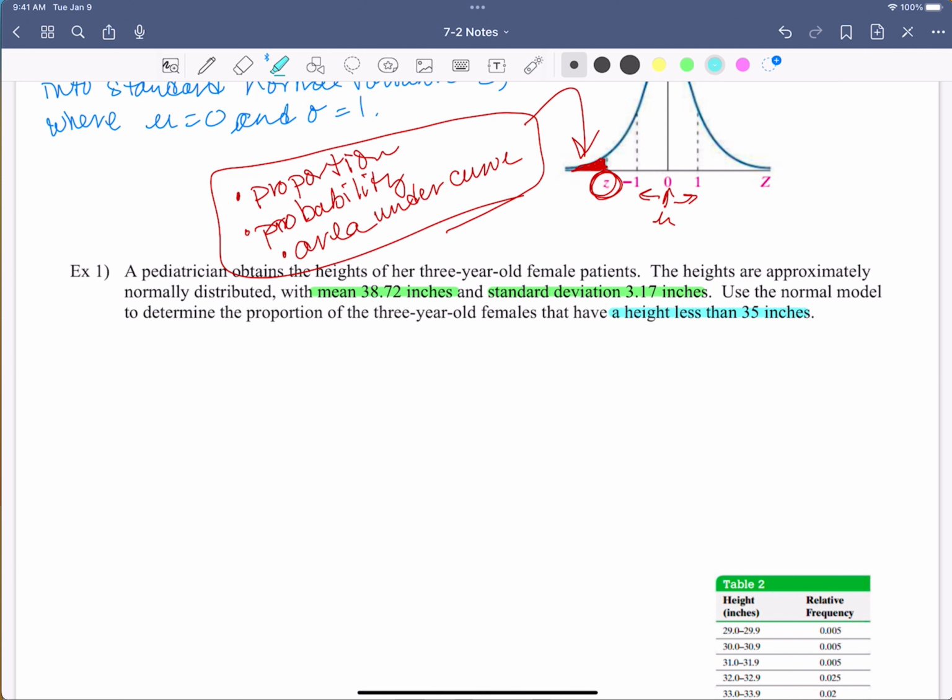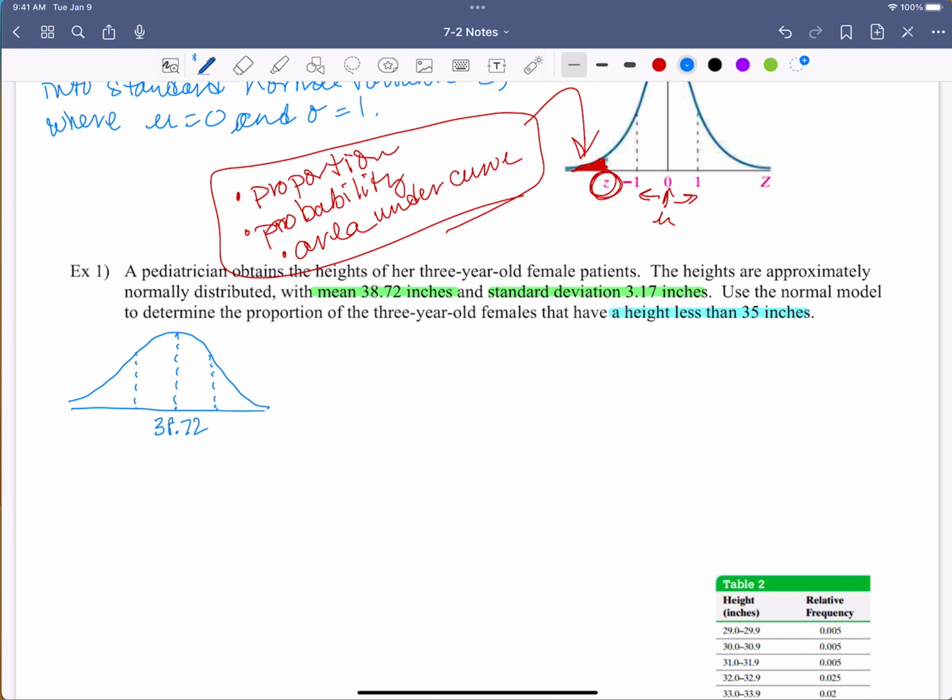Now, I want you to really understand where this is coming from and what these values represent. So I'm going to draw this out because I want you to really see how this plays out. Our mean is 38.72. I'm going to write these sideways here because I think we'll be able to see that easier.